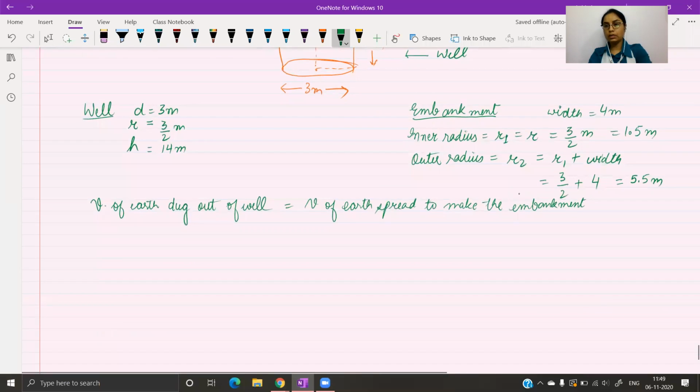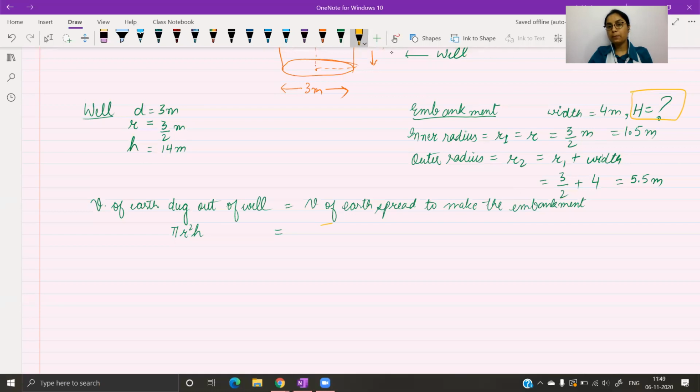Once you have the parameters, you only need to be careful how you write down the volume. For the well, it will be simple pi r square h, whereas for the embankment, the height is not given. Let's represent the height with capital H. It's not given to me, so this is what I want to find out, the height of the embankment.